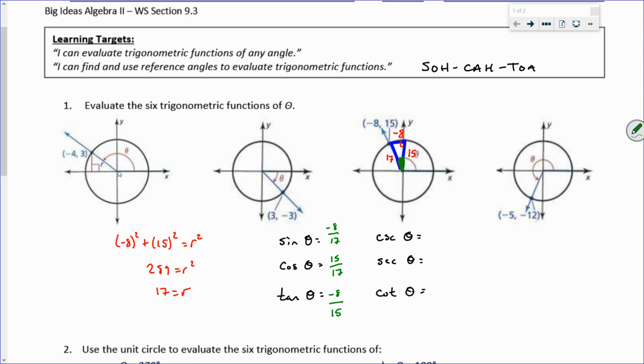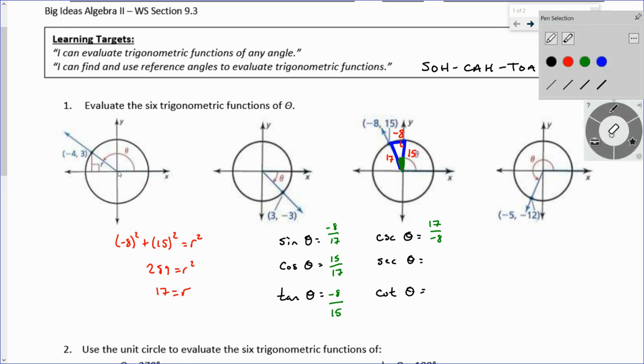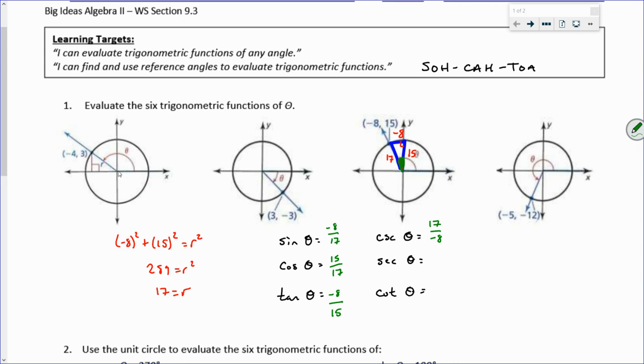Cosecant's the flip of sine, so hypotenuse over opposite. Secant is hypotenuse over adjacent, and then cotangent is adjacent over opposite.